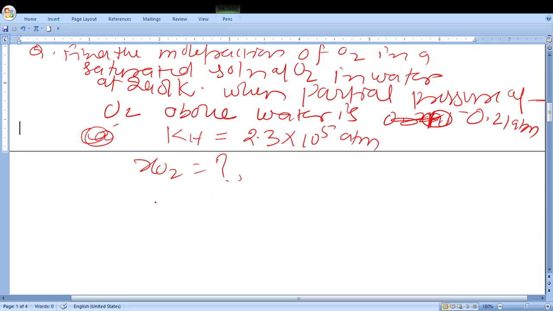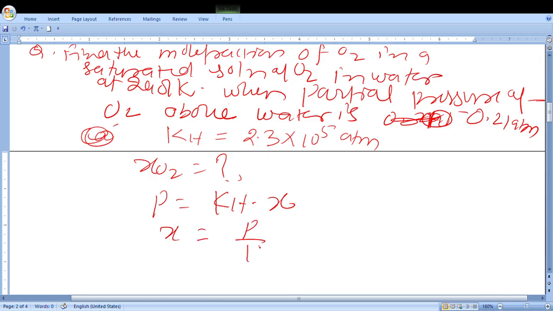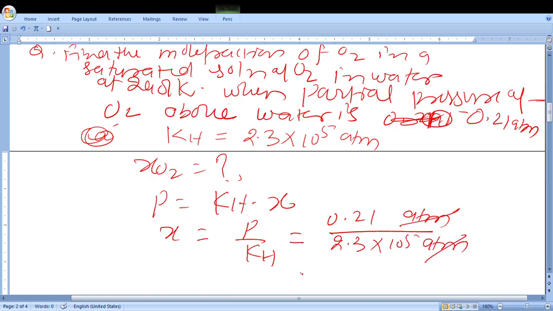So we have the formula P is equal to Kh into x. Need to calculate x. So x is equal to P upon Kh. P is 0.21 atm upon Kh is 2.3 into 10 to the power 5 atm. Atm got cancelled. So it means it will become unitless. After solving this one, you will have the answer 0.91 into 10 to the power minus 6.